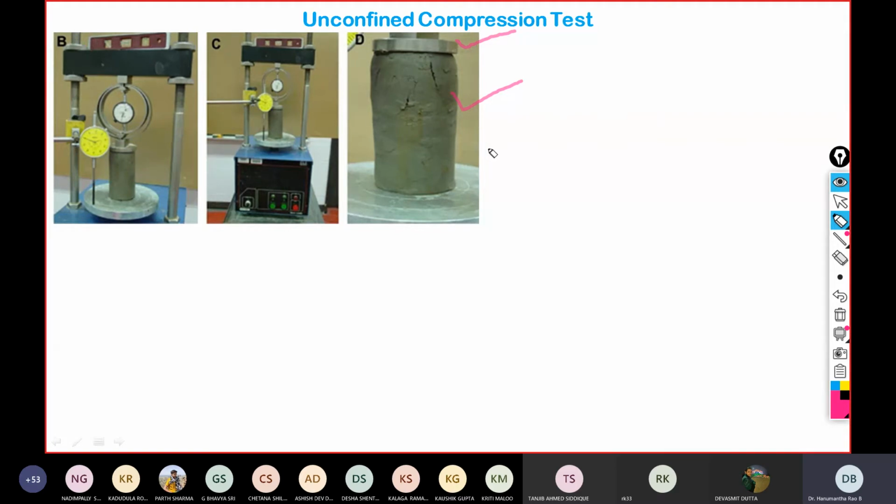The second thing is if the soil is too soft. When the soil is a bit soft, it won't undergo shear failure. Rather, it undergoes bulging. And sometimes there are other kinds of clays, called normally consolidated clay and over consolidated clay. Usually normally consolidated clays exhibit a defined failure plane, but over consolidated clays normally exhibit some kind of bulging.